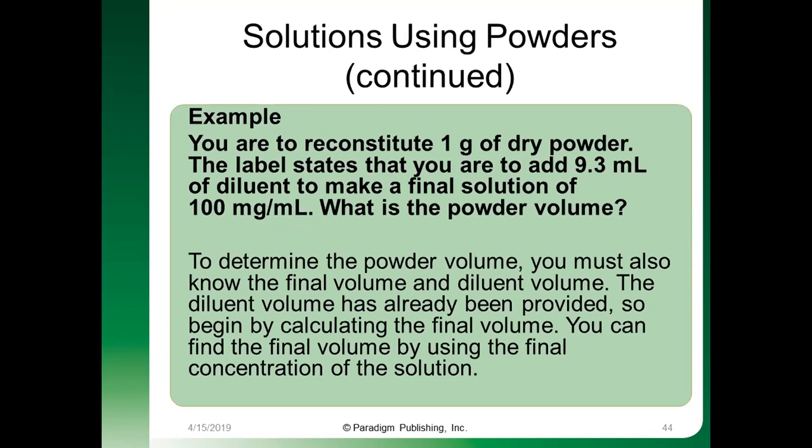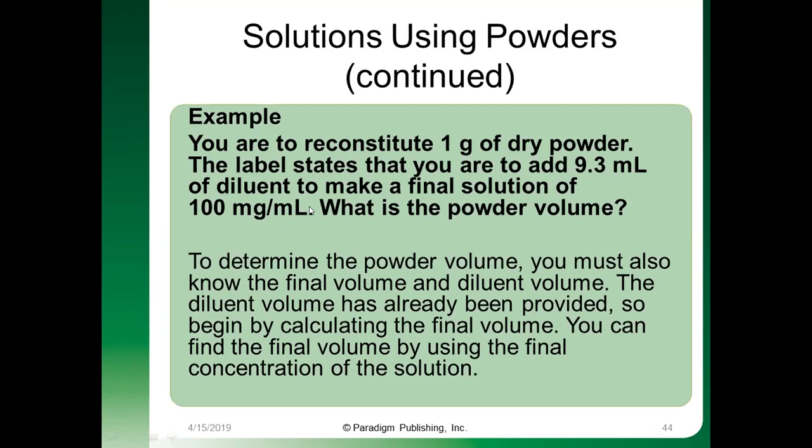So in this problem, you notice that we have the total strength in grams. We have a diluent of 9.3 mLs and we have a concentration. So we're missing the powdered volume and we're also missing the final volume in milliliters. We have the weight in grams, but not milliliters.